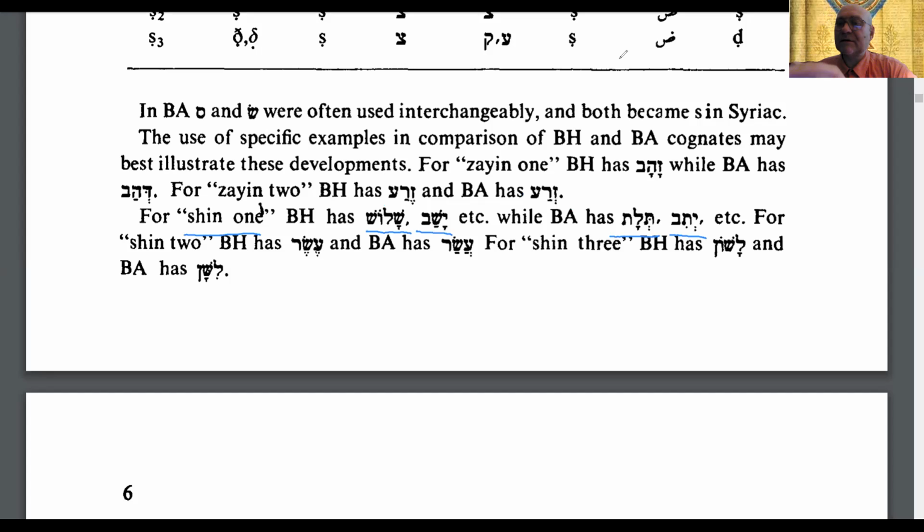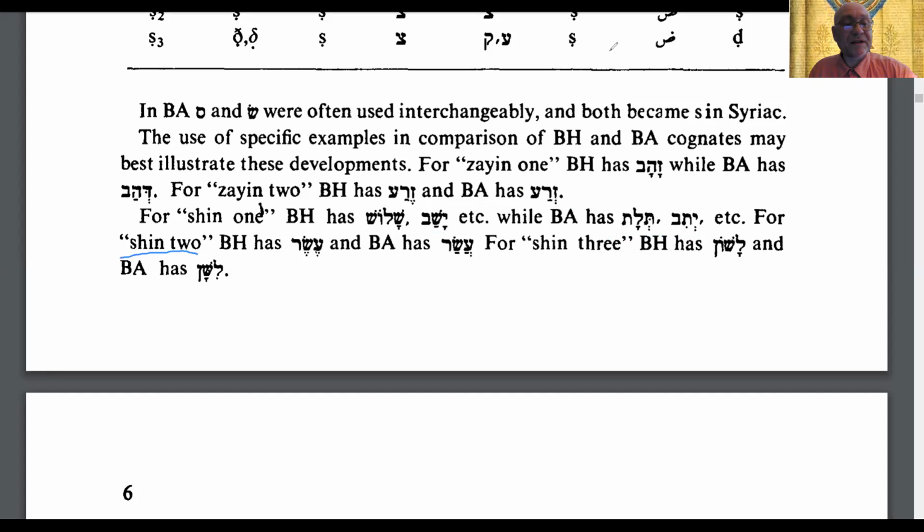The soundings, in other words, the same word, but it's kind of like, have you ever heard Shabbos versus Shabbat? There's some Jews that say Shabbos, and some say Shabbat. It's a difference between an S and a T, but they're both saying the same thing. So I kind of think this is similar between Biblical Hebrew and Biblical Aramaic.